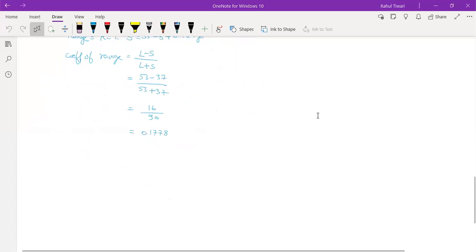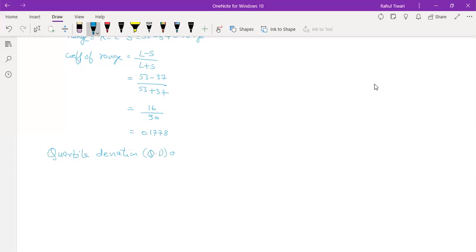It is called quartile deviation, which I can call QD, or I can call semi-interquartile range, SIQR. Both mean the same.